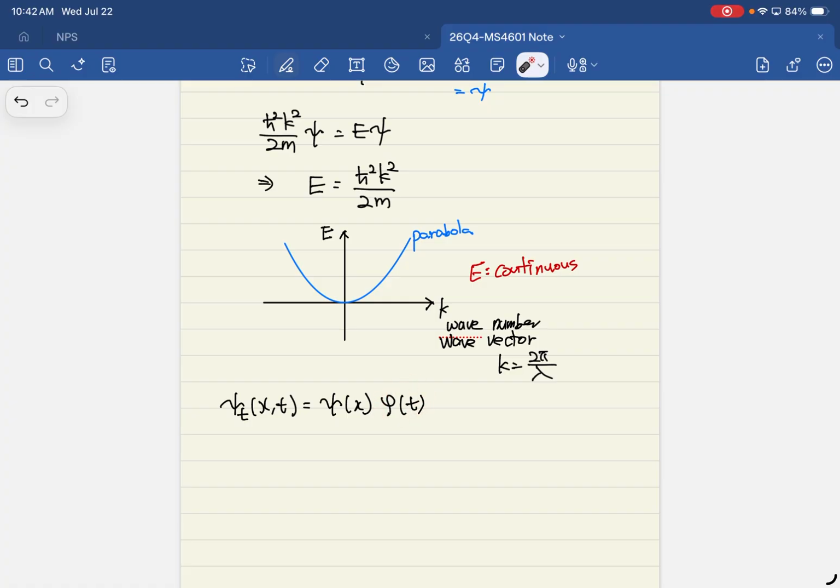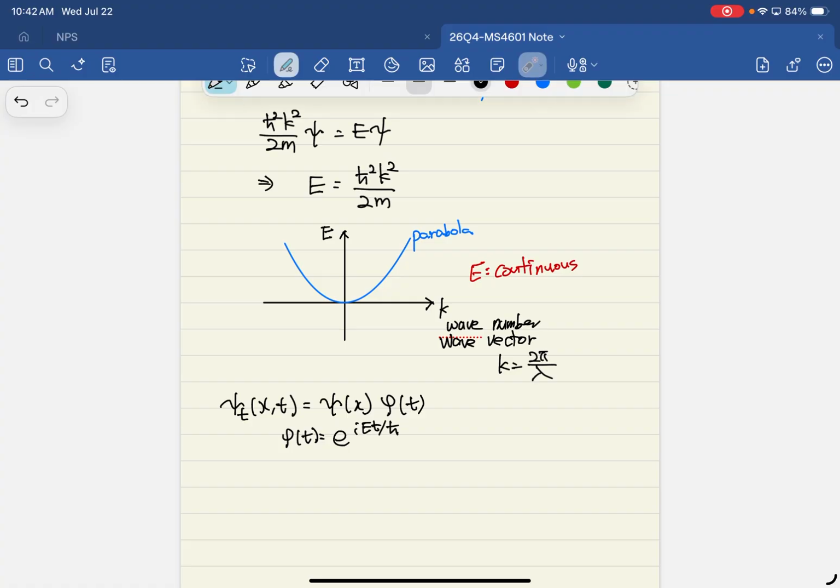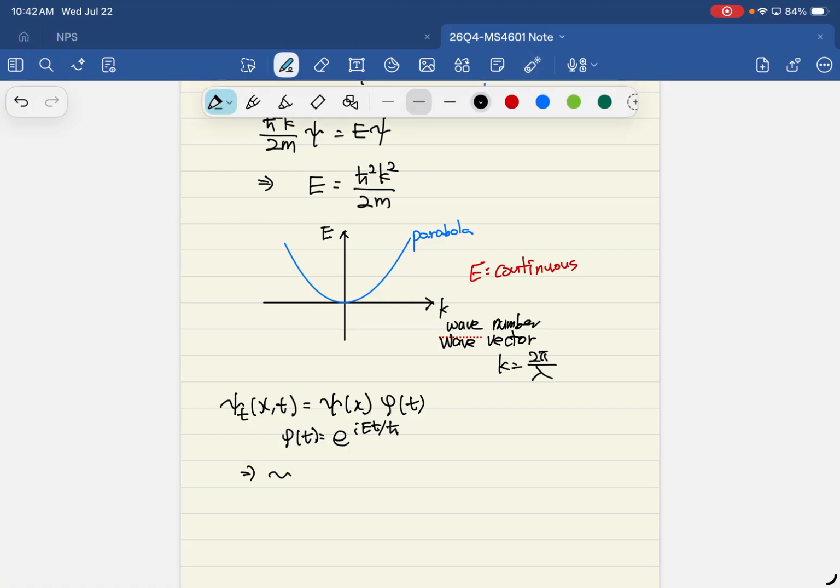So with that, let me write down phi of t, exponential i E t over h bar. Here the sign really doesn't matter. So I'm going to just write down psi of x comma t equals exponential i E t over h bar times A exponential minus ikx plus B times exponential ikx.